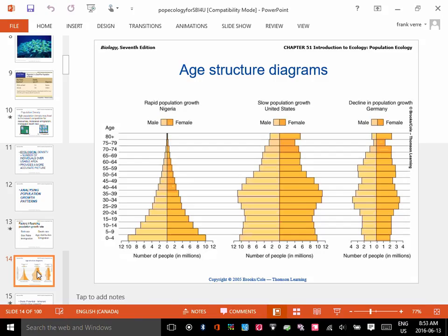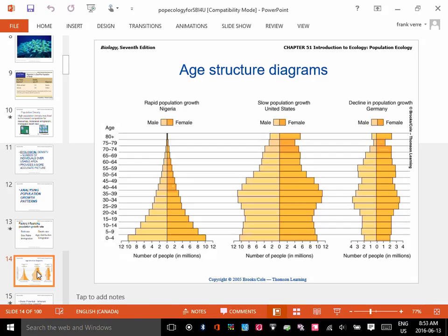You have a breakdown of 3 different populations by age. Now this information is at least 10 years old, so it might be a little different today. You have Nigeria on the left, Germany on the right, and the US in the middle.